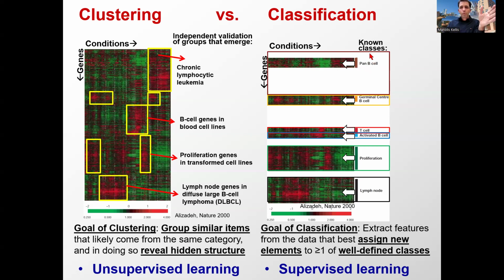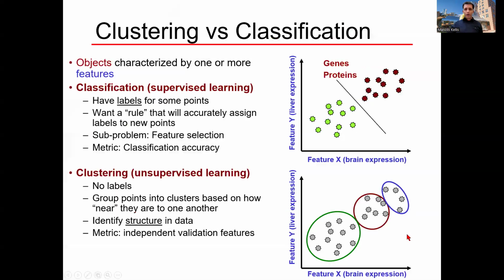So it's when you have known classes and you're finding features that predict those classes. The goal is to first extract features from the data that best assign new elements to one or more well-defined classes. Sounds good?